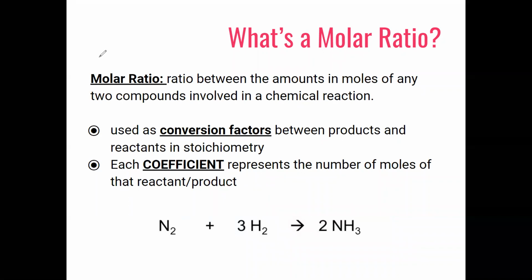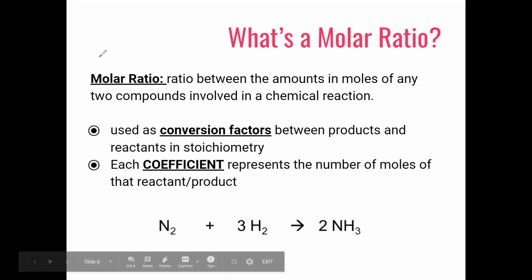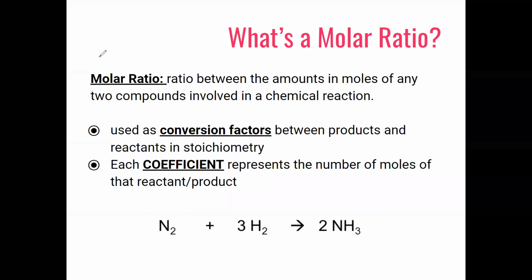So once again, we have a molar ratio happening between amounts in moles of any 2 compounds in a particular reaction. We are going to use that molar ratio as a conversion factor to do calculations. So if I start with some amount of reactant, I can figure out how much product I'm going to get. Okay, so we're going to use the coefficients to represent the number of moles.